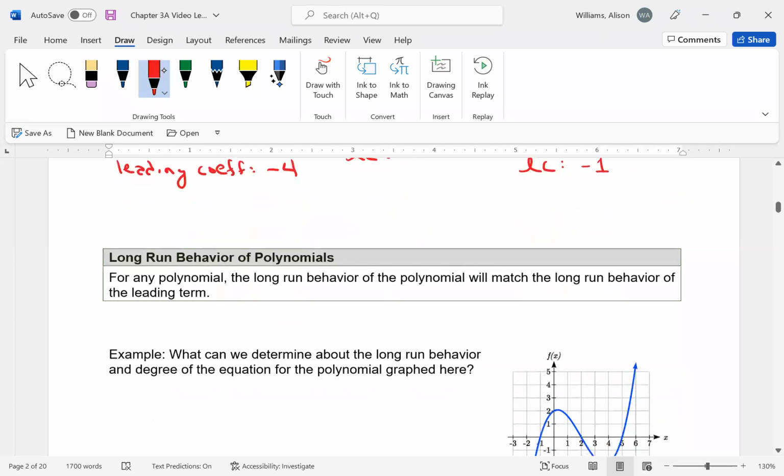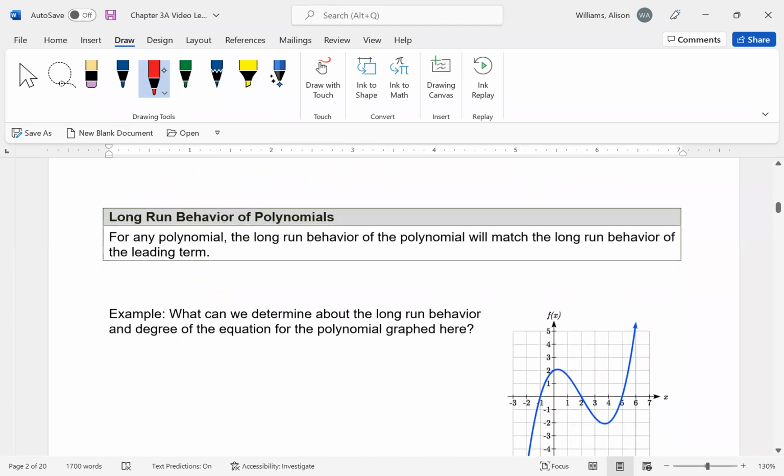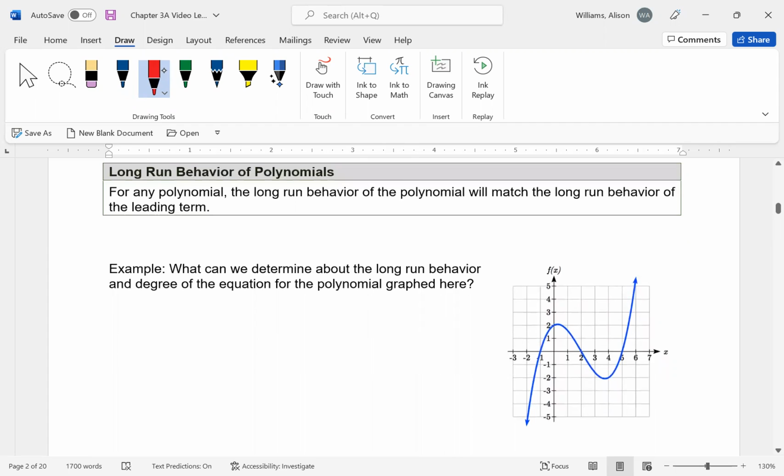So for this example here, what can we determine about the long run behavior and the degree of this polynomial? I can already tell, because one end is going to positive infinity and one end is going to negative infinity, that this is probably going to be an odd power. So minimally, I should be looking at something like x cubed.